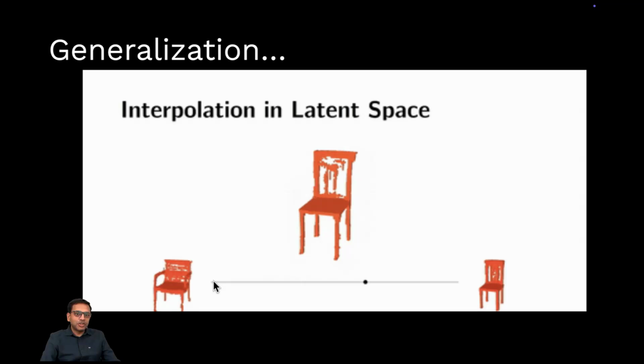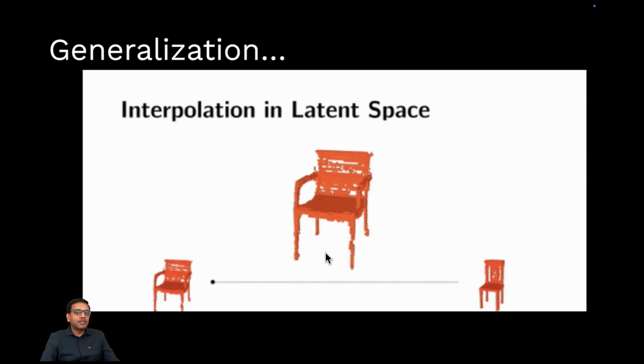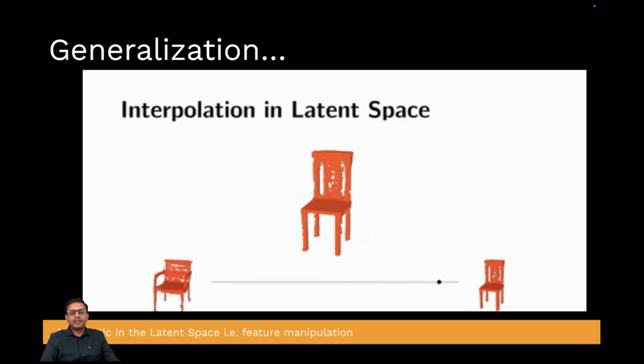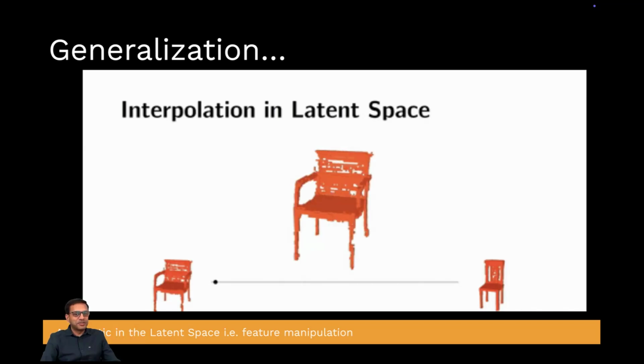What this animation is showing is, in between these 2 points, a continuous spectrum of how the latent space point looks as this moves on. So the feature manipulation movement in the latent space is what is generating the images.